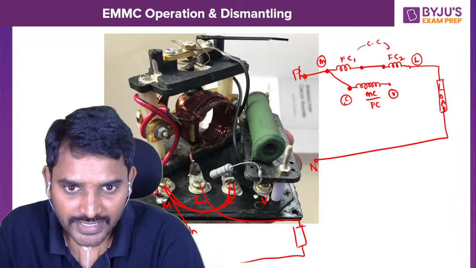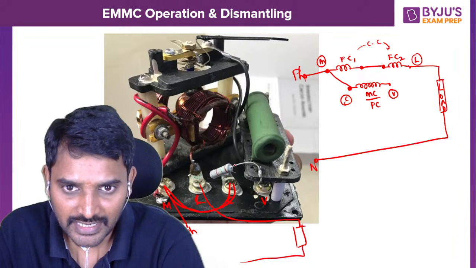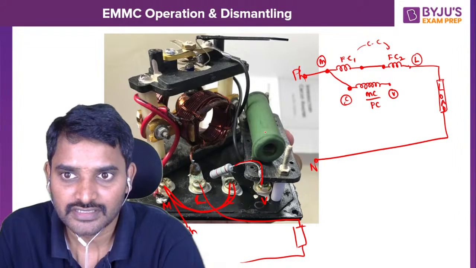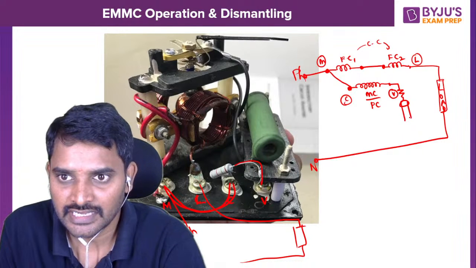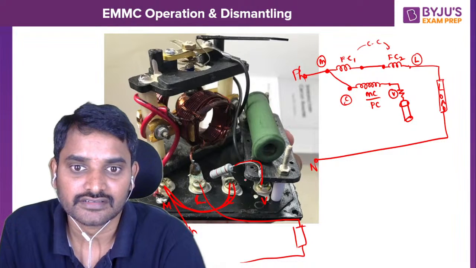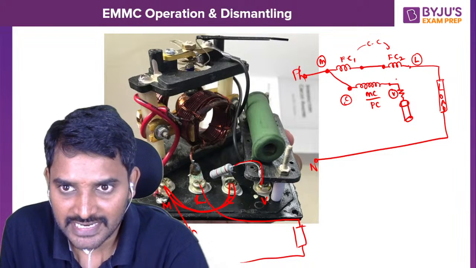Now in series with the C terminal there is a resistance, and in series with the resistance there is another element. So there is a resistor and another, bigger element in series with that C, and then I have a moving coil.